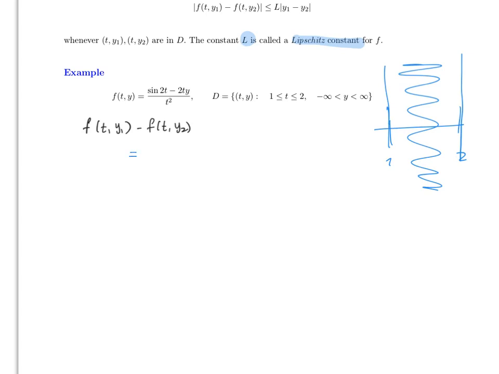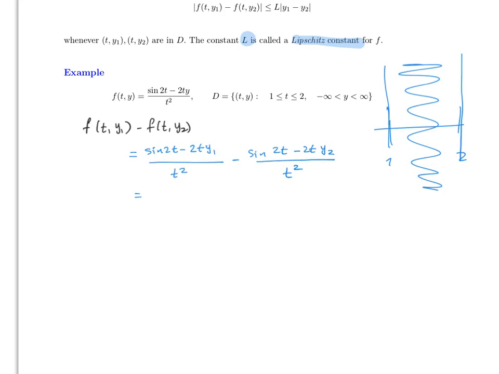This should be equal to sine of 2t minus 2t y1 over t squared, minus sine of 2t minus 2t y2 divided by t squared.